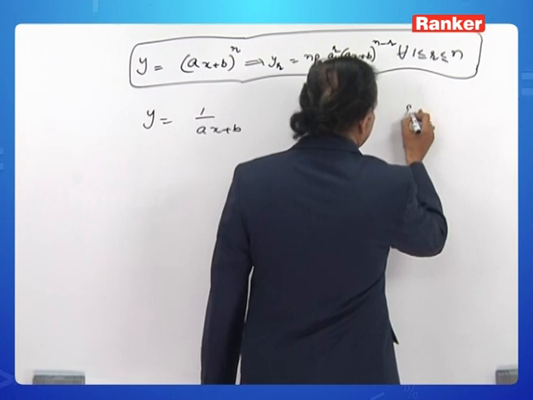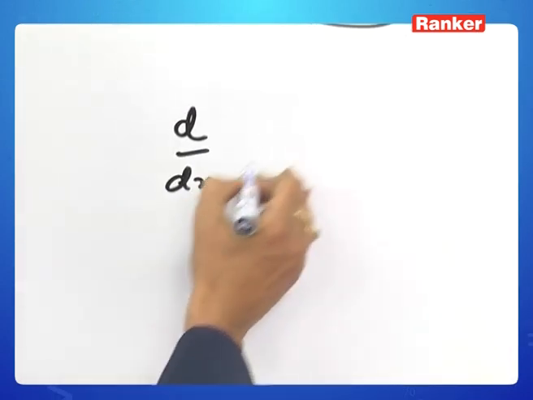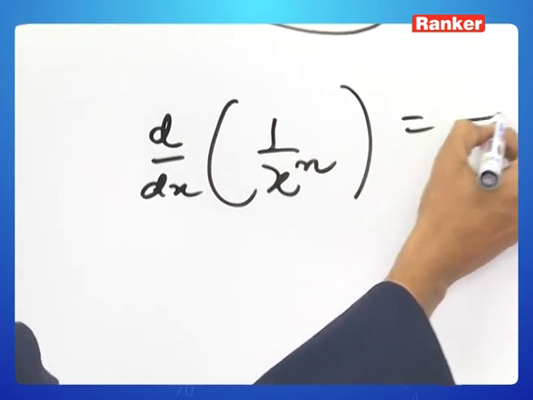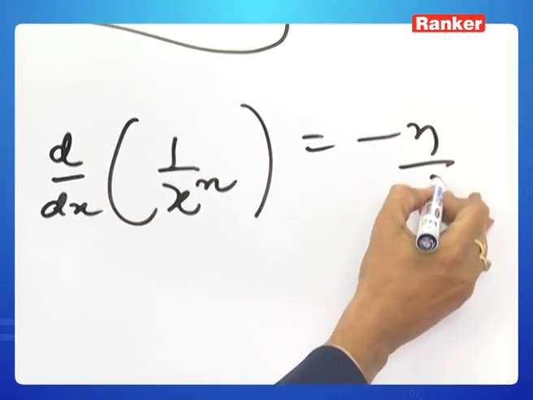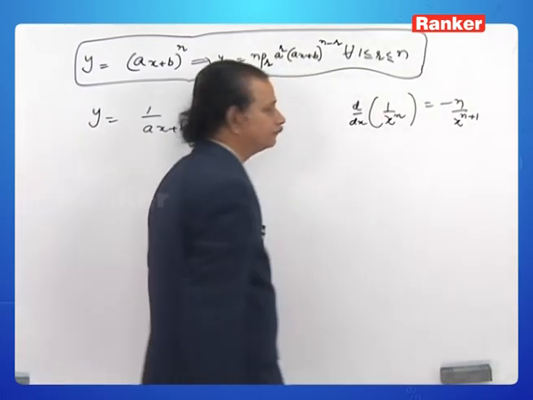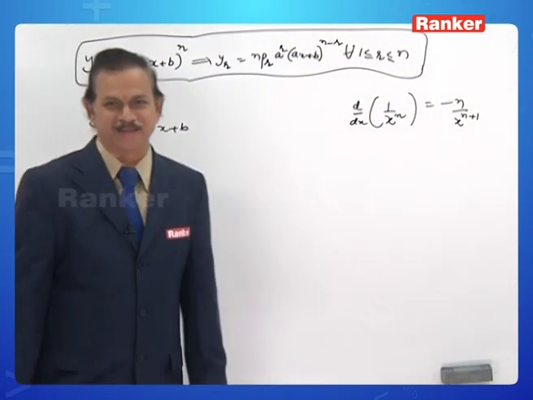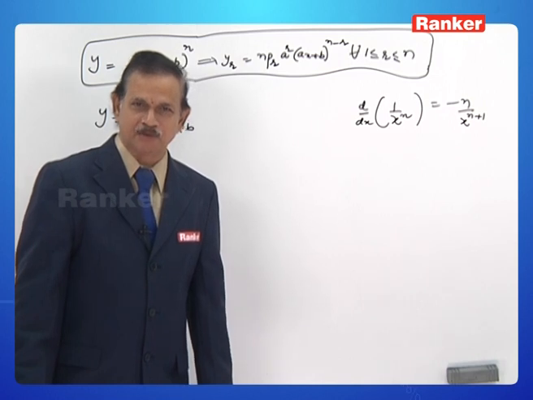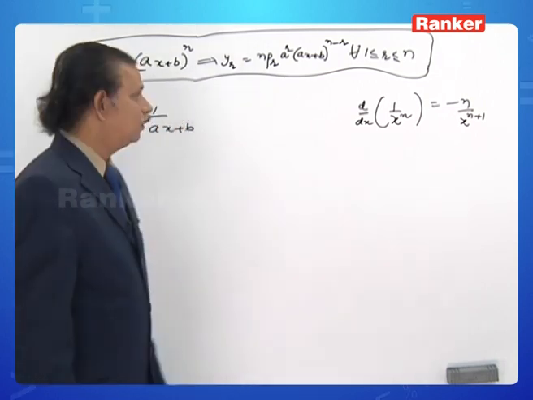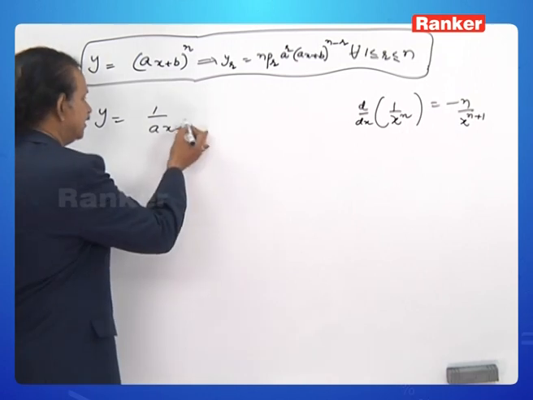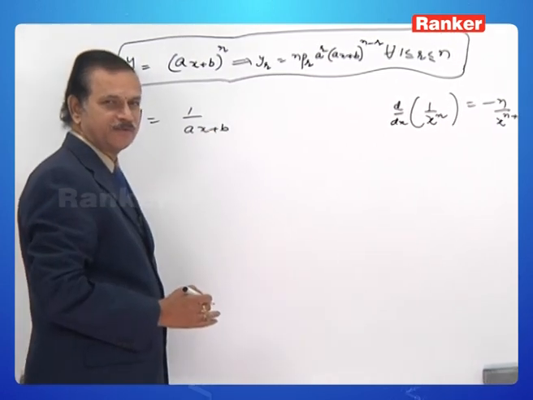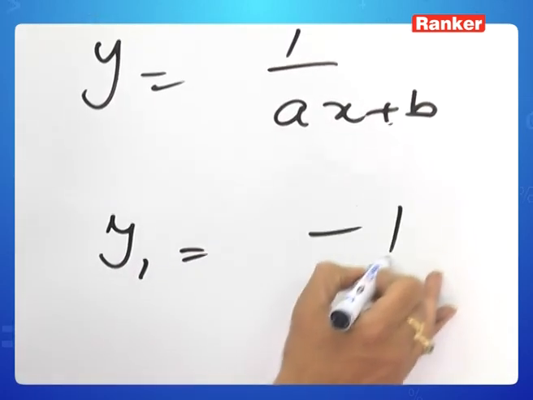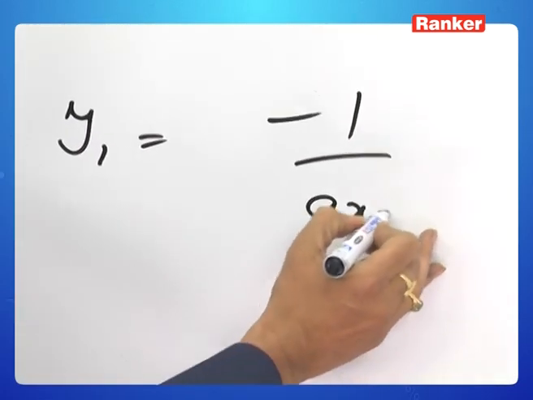That you must recollect: the derivative of 1 by x power n is minus n by x power n plus 1. Everybody knows about it. Now think of this as some x. What is the derivative of 1 by x? Minus 1 by x square.